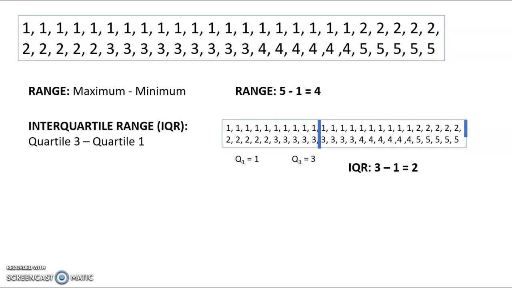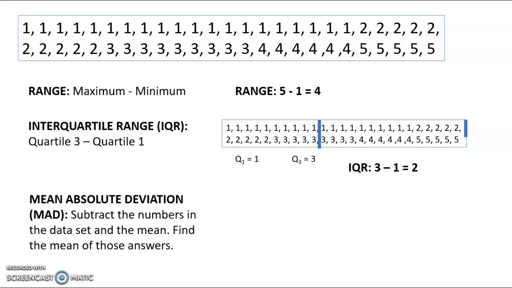so my IQR is 2. Now, mean absolute deviation is the one that is the most tedious. It's going to take you the most time, but it's very simple math. You're simply subtracting your mean from every number in the data set. Then, using positive numbers, find the mean of your answers.